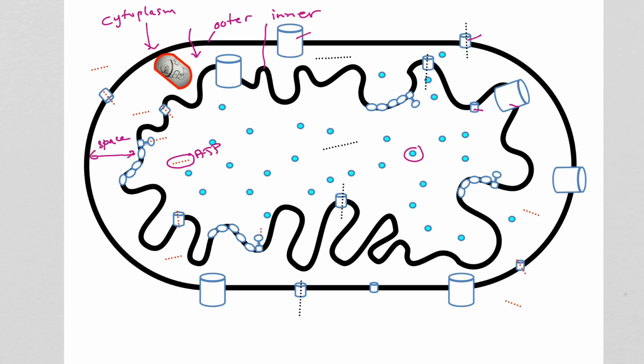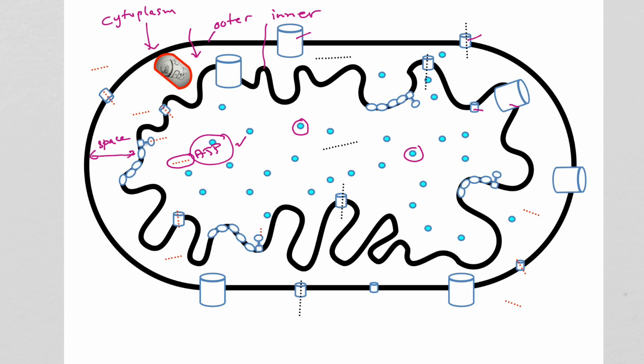More than 95% of all the energy in a cell is made in the mitochondria. It's a very, very important organelle in the cell, because without energy, most activities will stop. So this is where you have very important enzymes.